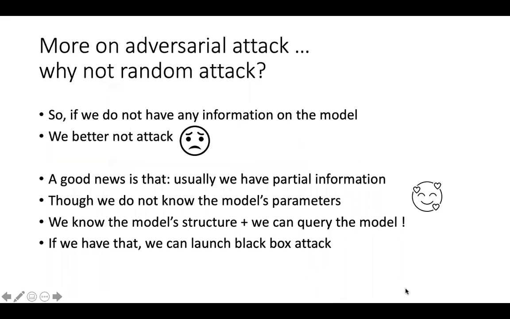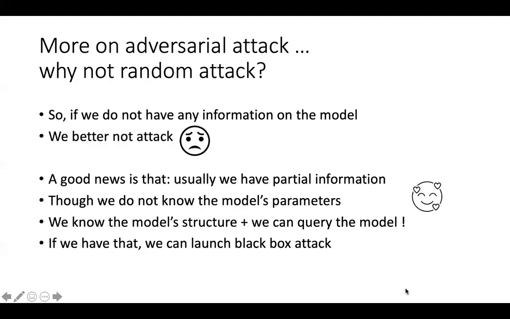So the bad news is that if we don't have any information on the model, we better not attack. But the good news is that usually we can get partial information since the paper or the tool is published. So we usually know the model's architecture, and we can query the model. If we have that, we can launch a black box attack.